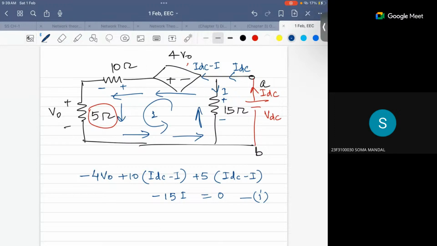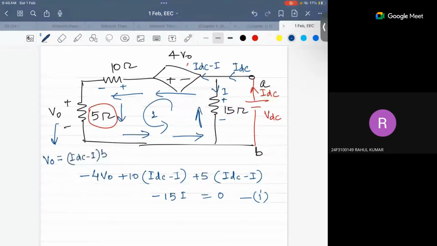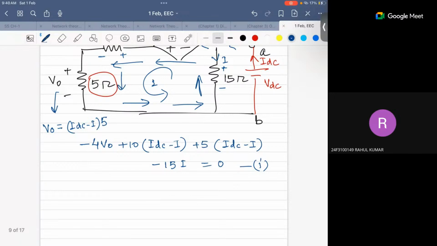One more thing. What will be the value of V naught? Can somebody tell me what is the drop across this 5 ohm? I times resistance. What is the I passing through this 5 ohm? IDC minus I, times 5. So we can replace IDC minus I times 5 as V naught.